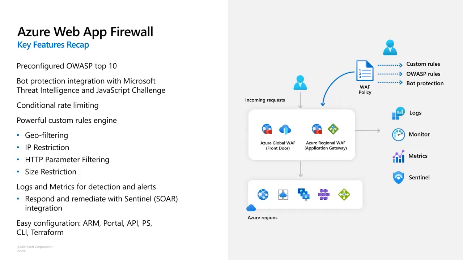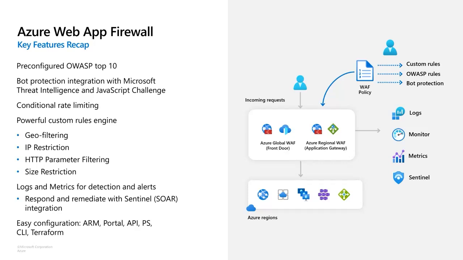And recently we had the announcement of the public preview of the integration with Security Copilot, if you're thinking about AI. So these logs are also used by the integration with Security Copilot to give you a better way to track and understand what kind of threats are going through your WAF. And it's really easy to manage, configure, and everything else.